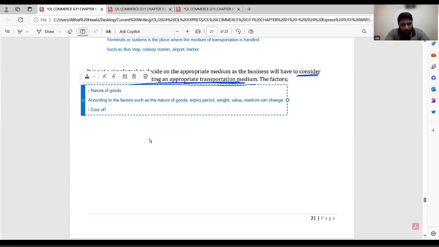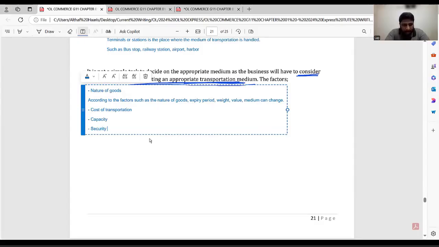Cost of transportation. Capacity. Security. How safe the transportation medium is.